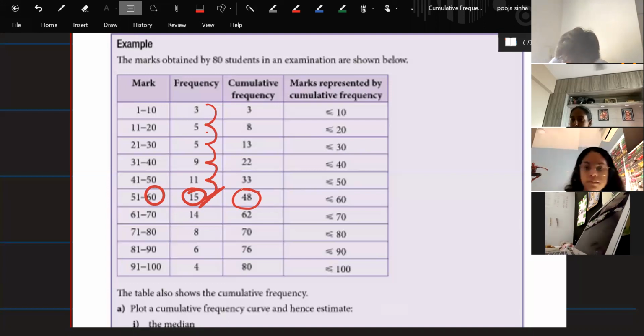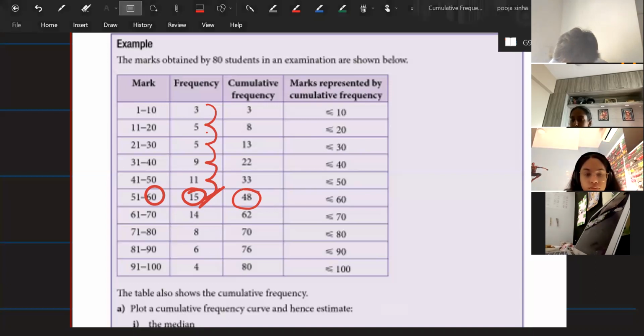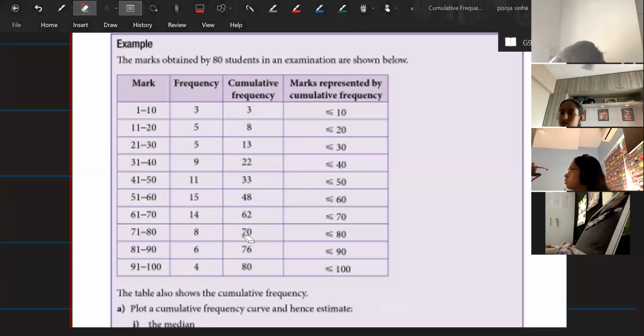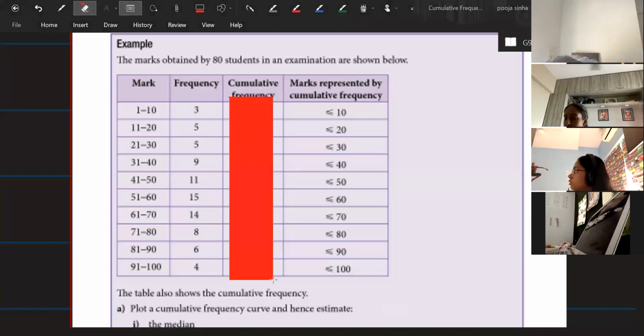So now, please tell me, I'm going to hide everything and you have to tell me the various values that you are going to get. You have to tell me the cumulative frequency, and whatever you tell me, I will be writing all of that. Tell me. Can you tell me the values now?